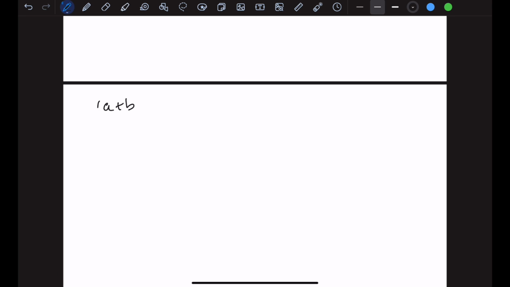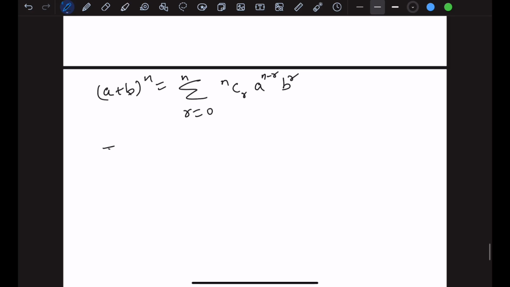(a plus b) to the power n is equal to the summation of r ranging from 0 to n of nCr a to the power n minus r b to the power r. Correct? So my T(r plus 1) will be nCr a to the power n minus r b to the power r.